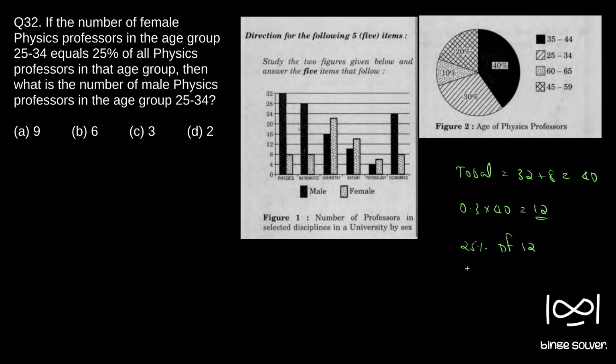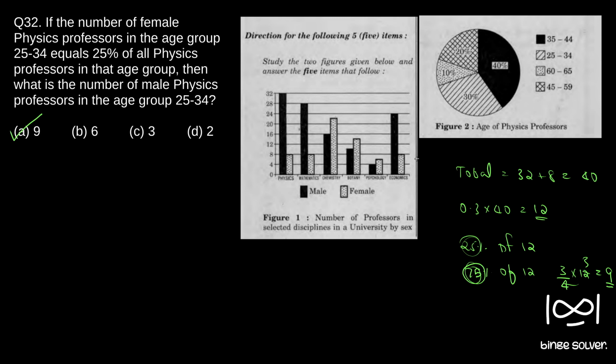So we need to find 75% of 12, right? 25% are female, so 75% of 12 will be male. So 3 by 4 into 12, which is 9. So we have 9 as our answer. 75% of 12 is 9. So A.